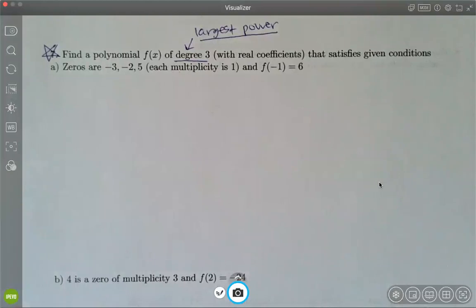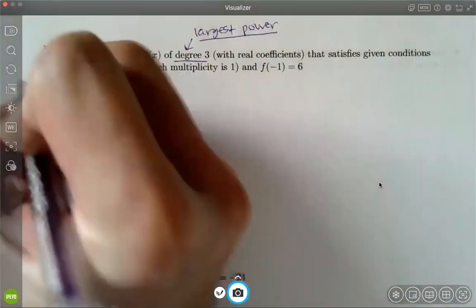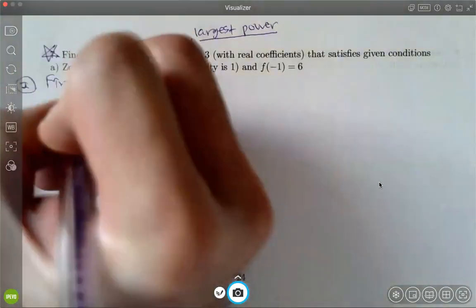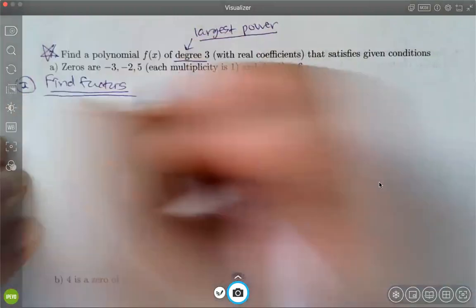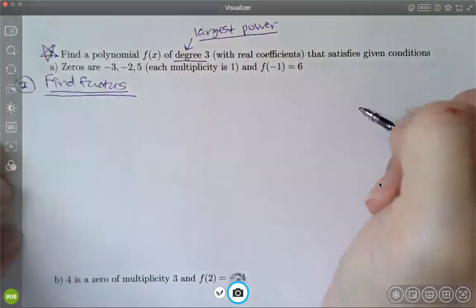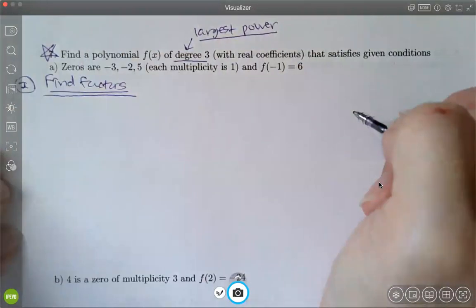So from the zeros, can we get something? Yes, the factors. Okay, so step number 1 is find the factors. Not the usual definition of the factor, but the fancy one.